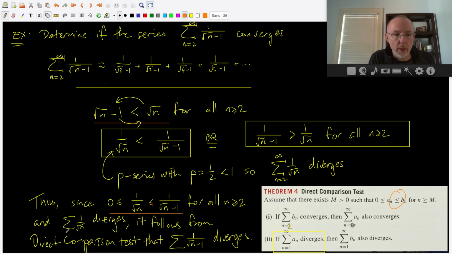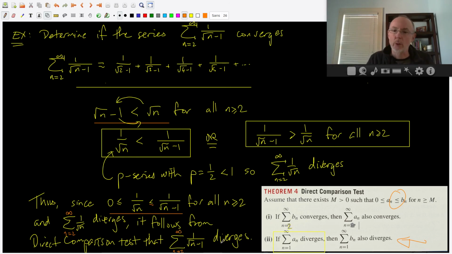So this summation diverges. I'm thinking about starting at 2, but I didn't write that down. It diverges because it's a p-series, and p is less than 1. And it follows, therefore, from the direct comparison test, using this second case, that because the sum of the 1 over root n's diverges, this one, whose terms are all actually bigger, must also diverge, right? And again, I could write n equals 2 to infinity in there.